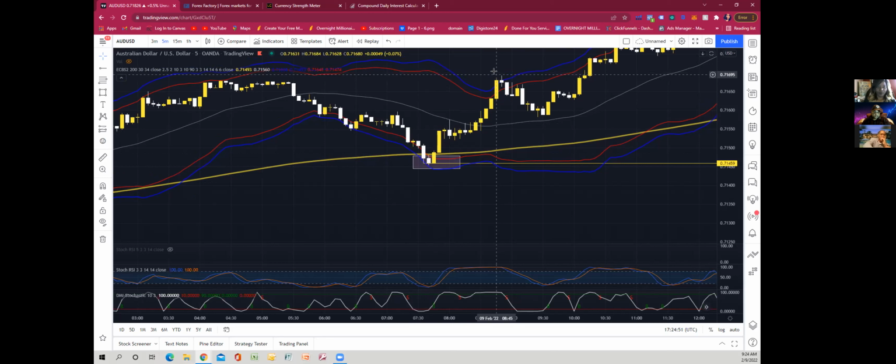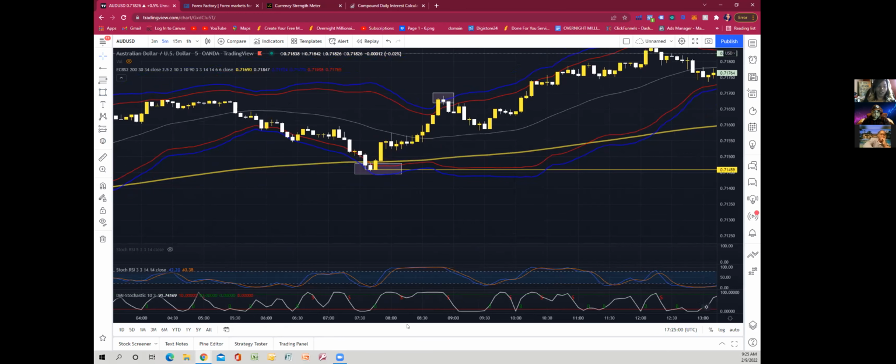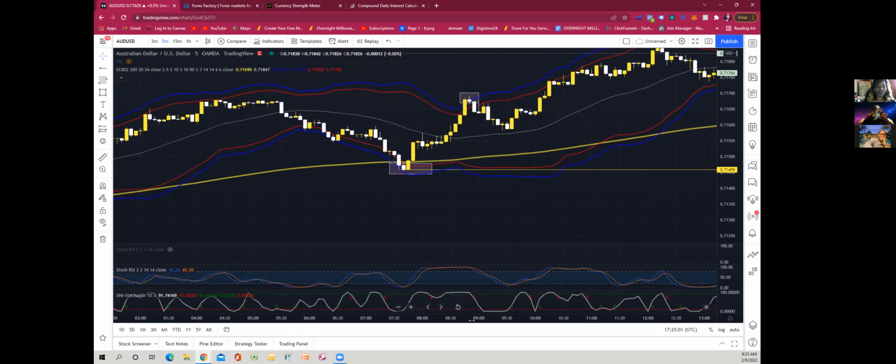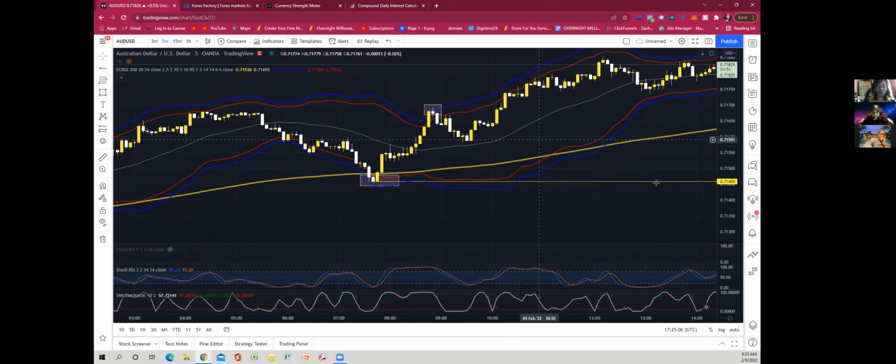Look right here. Same situation, literally back to back. So you could be in the same pair. And we talked about this yesterday, mastering one pair. On this chart, this one pair, which is AUD USD, which I love.